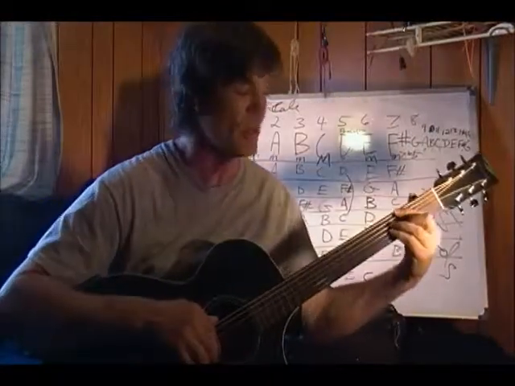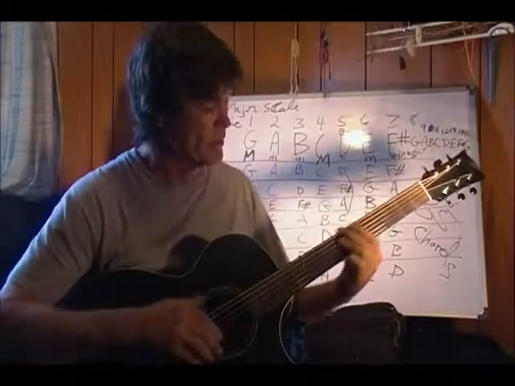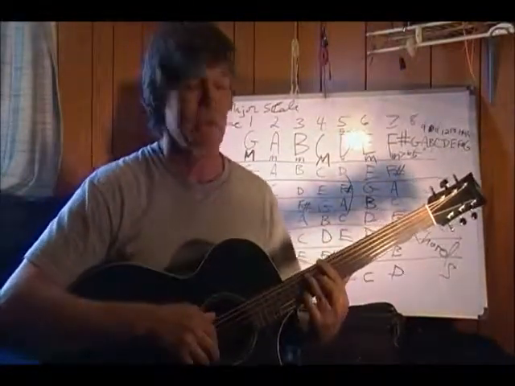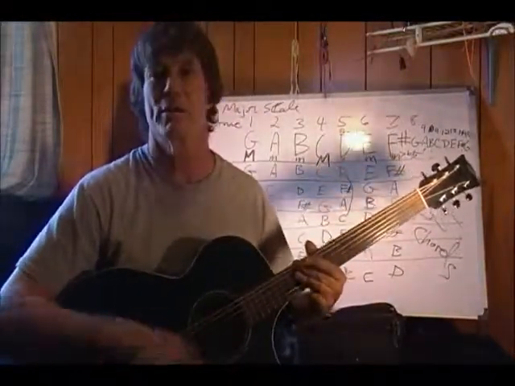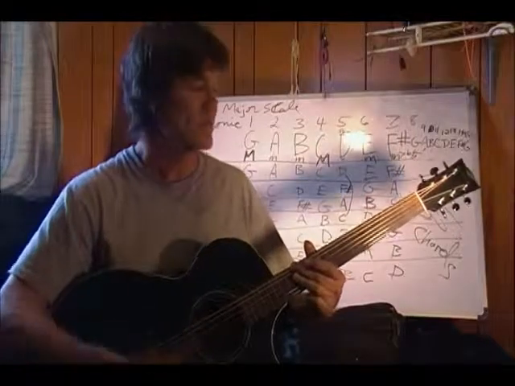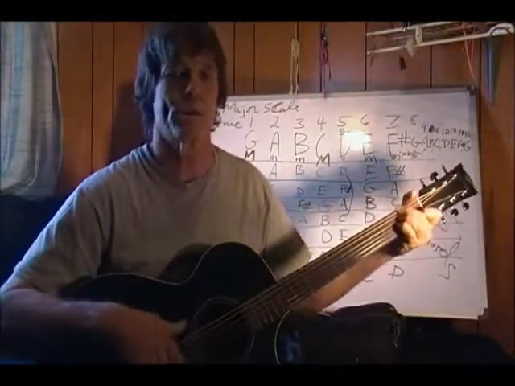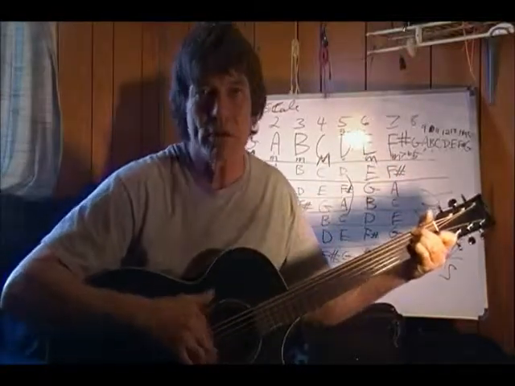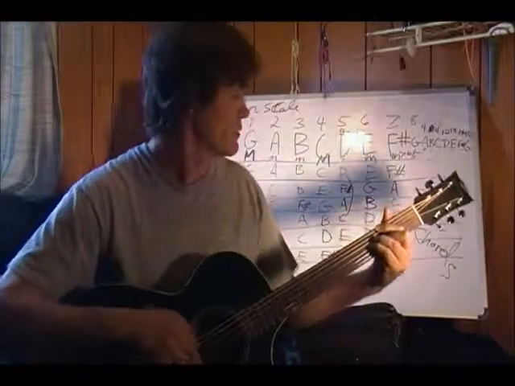So in the key of G: G major 7, A minor 7, B minor 7, C major 7, D 7, E minor 7, F sharp minor 7 flat 5, and G major 7.